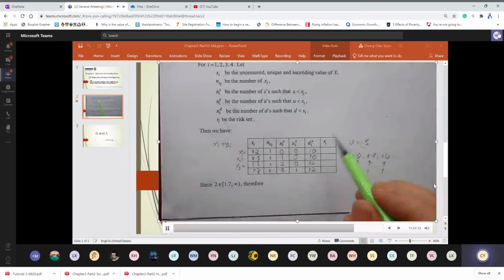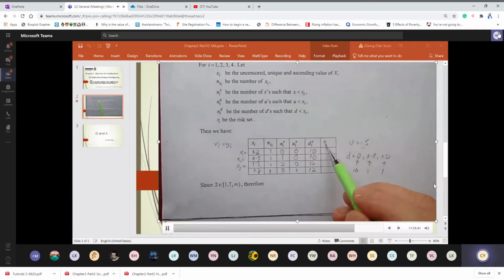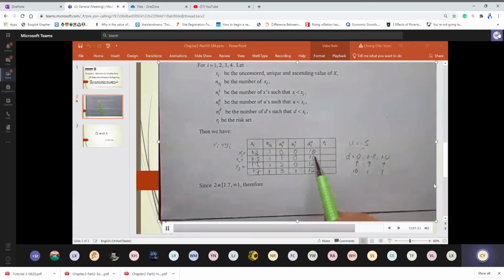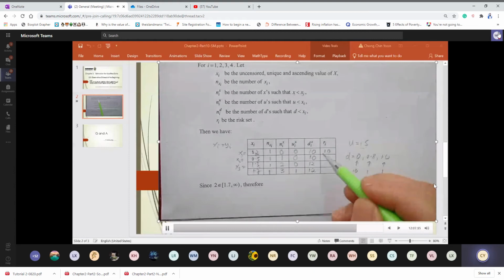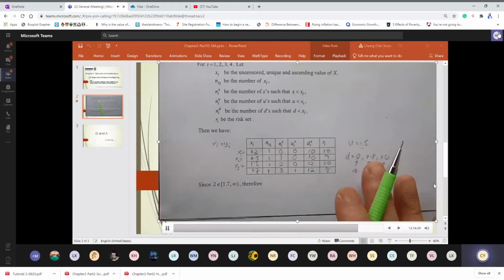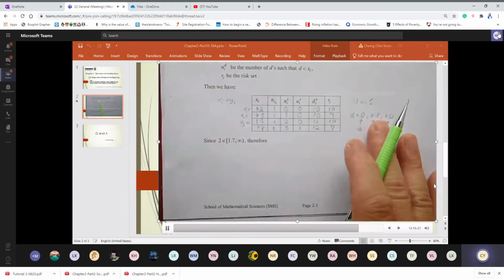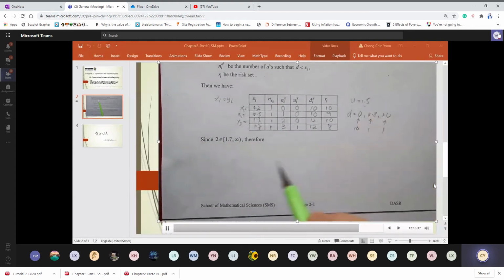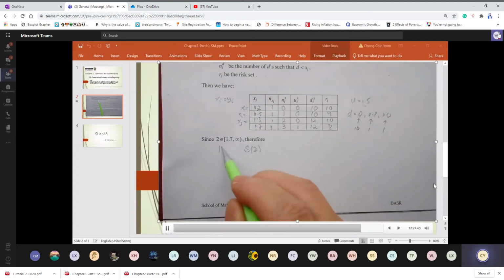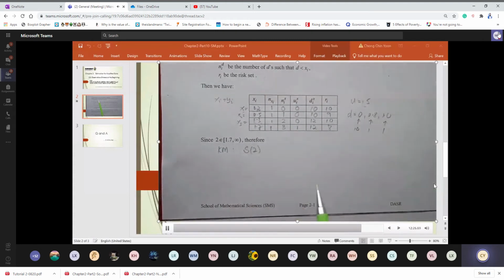Next I can calculate the risk set value, by taking this column minus these 2 columns. So we will have 10, 9, 10, and 8. And now I can solve the problem. The problem asks us to find the survival at 2 by using the Kaplan-Meier.